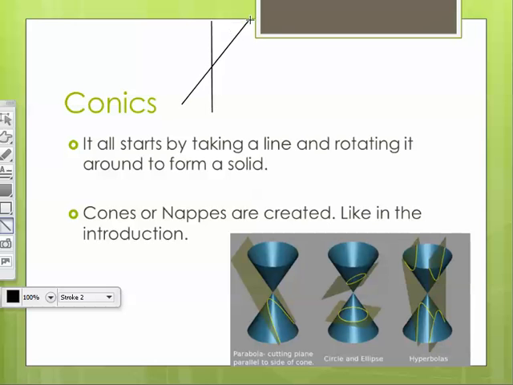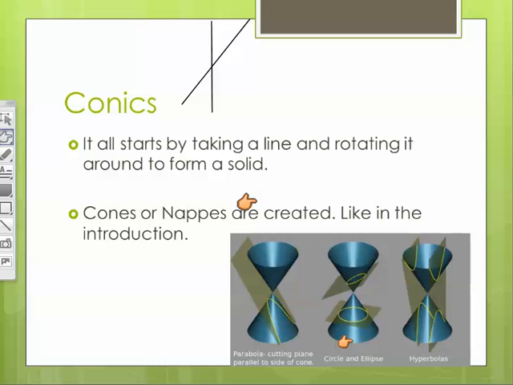And we're going to rotate this line around the vertical line. And when we rotate it around, it forms a solid object. It forms these two types of cones like this. Or you can call them nappes if you want to, but they're cones that look just like that.